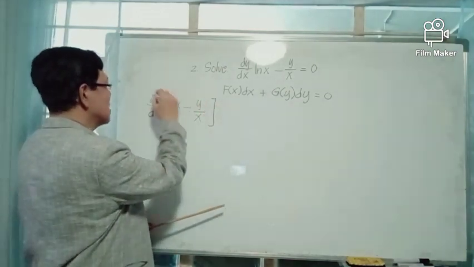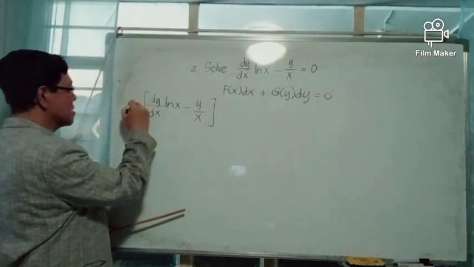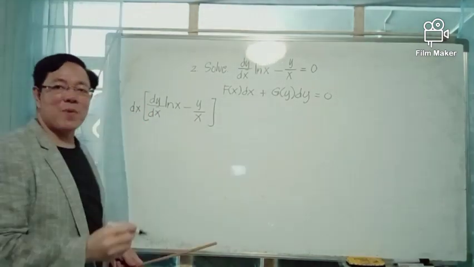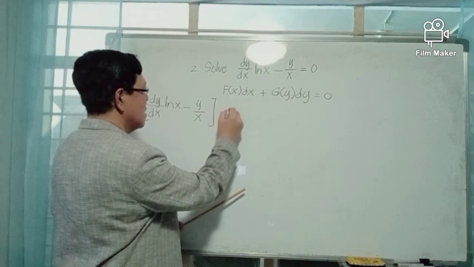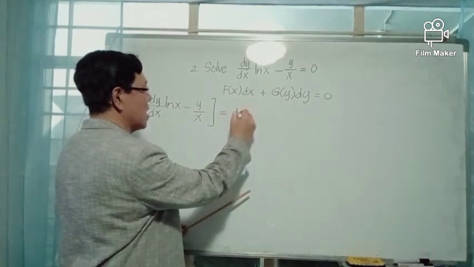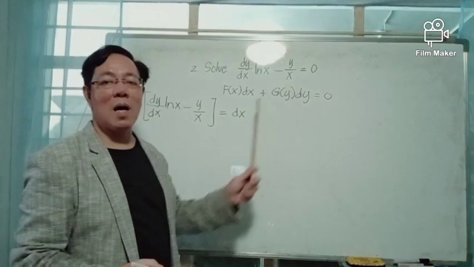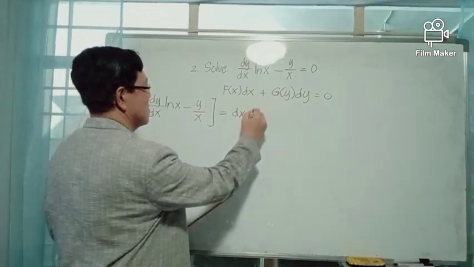We multiply this by dx, or differential of x, equals 0. And we also multiply the right-hand side 0 by differential of x.